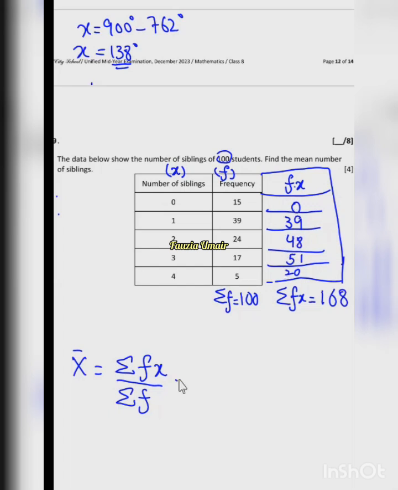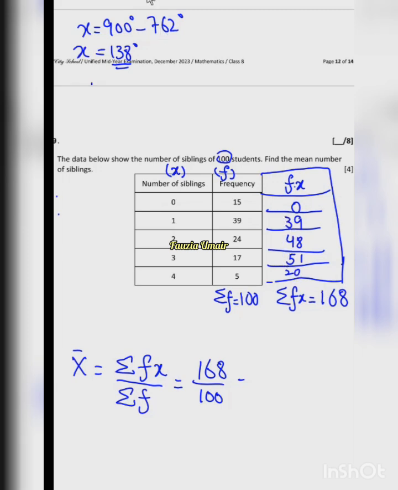So now I have to put these values in the formula. 168 by 100. Who can tell me the decimal answer? When 168 is divided by 100, what will be the answer in decimal? Ma'am, it's 158. Are you sure? Ma'am, isn't it 1.68?